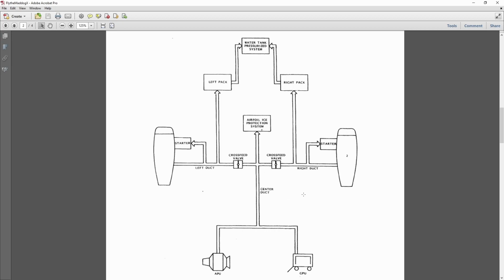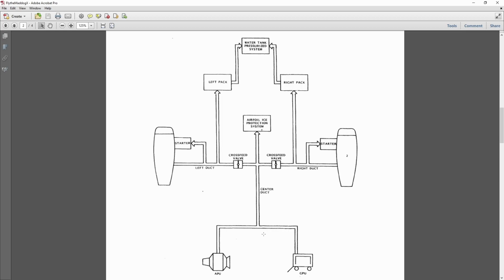Okay, so how do we move the air around the system then? If we want air off of the APU, we're going to ignore the GPU thing for a minute because that's not very common. But if we have the APU running, we want air conditioned air into the plane, and we need to get it to the packs because that's how the air is going to get conditioned. Because just like the engines, the air coming off the APU is very hot.